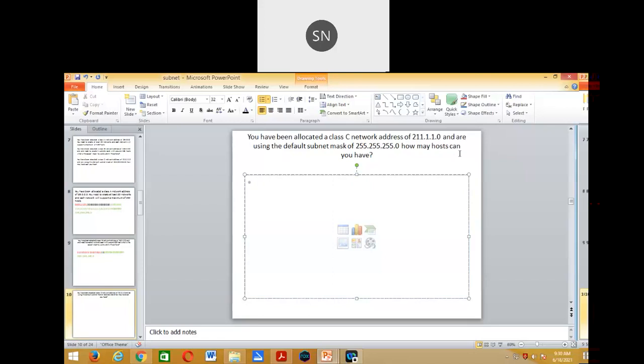Yes, 254. Because class C, what happens? How many bits are used for network ID? For class C, 24 bits for network ID, then 8 bits for host ID.